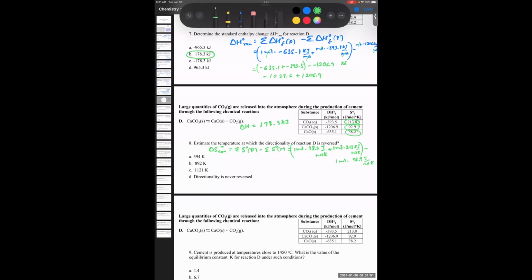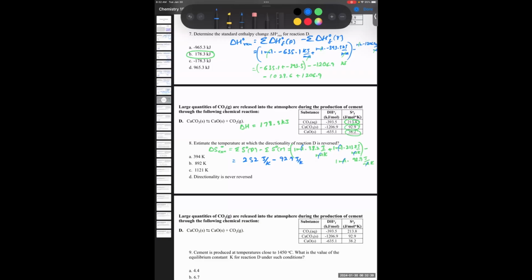All right, the moles cancel out. Then what do we get? 38.2 plus 213.8 is about 252 joules per Kelvin for the product side, minus 92.9 joules per Kelvin for the reactant side.